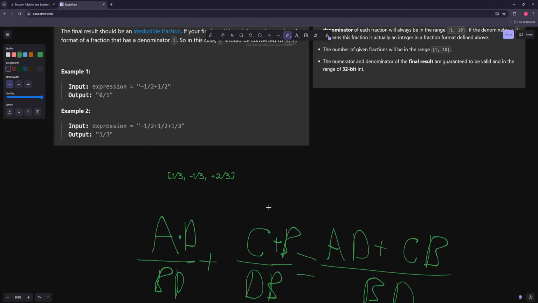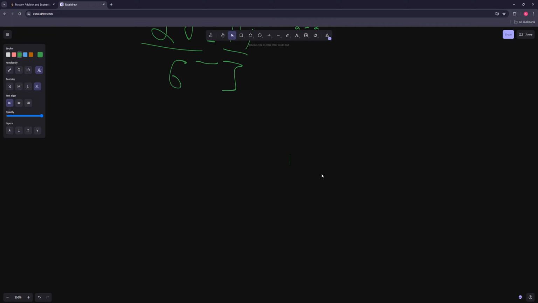So hopefully that makes sense. So to simplify one more time, so first, split string into fractions. Second, start with first fraction and just keep adding more fractions.